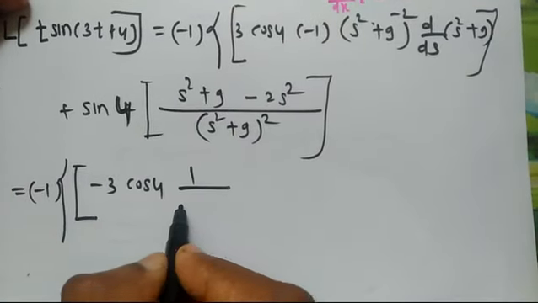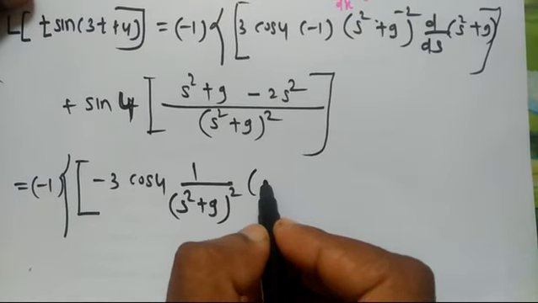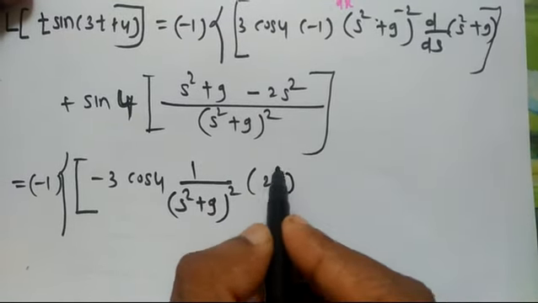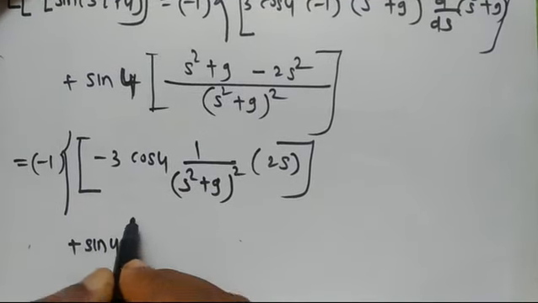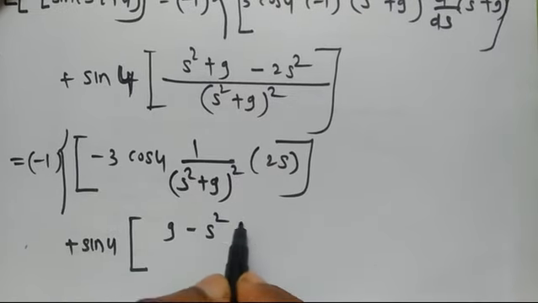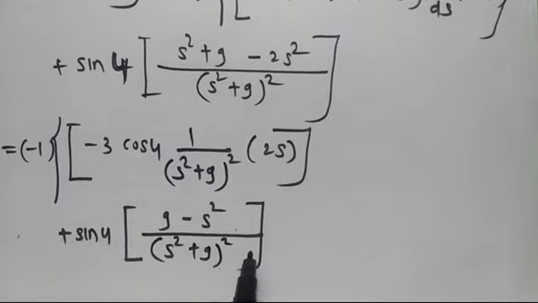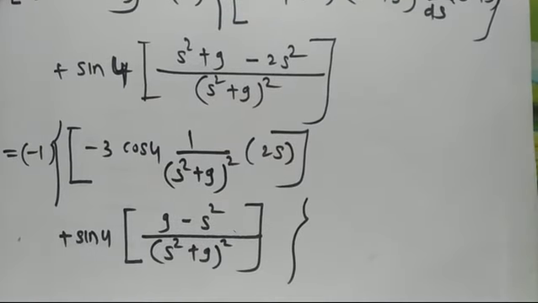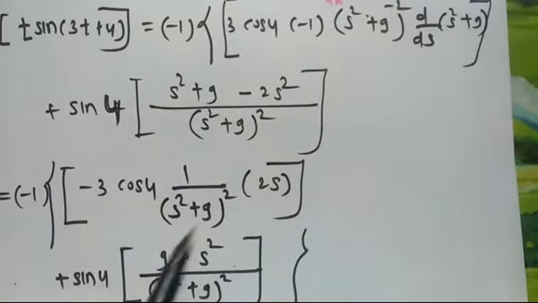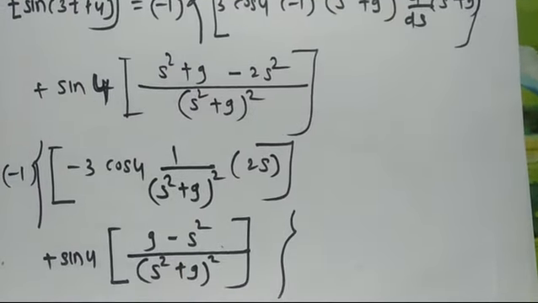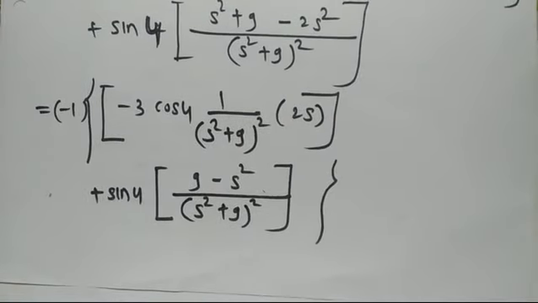So take this to the lower side, s square plus 9 to the power 2, derivative of s square is 2s and derivative of 9 is 0, first bracket, plus sine 4, next 9 minus s square over s square plus 9 bracket square. This is the first bracket, this is the second bracket. So the derivative is solved. Okay, here also the derivative is solved. So this is the last step and this is the final solution of that given problem.